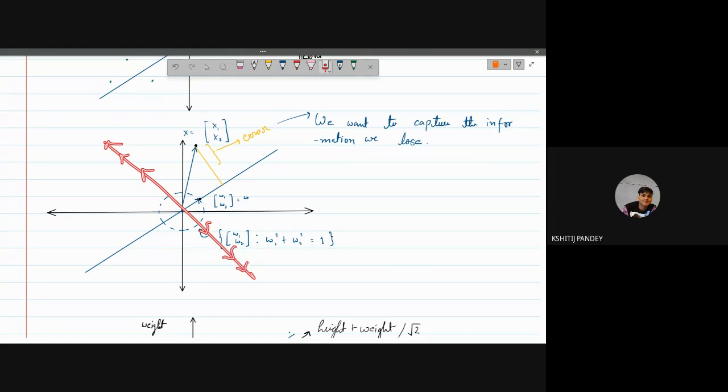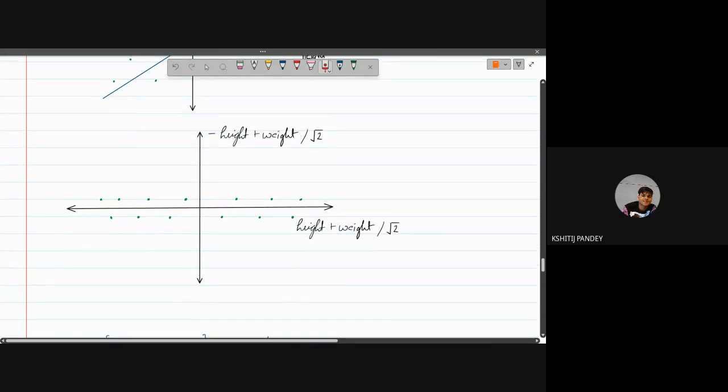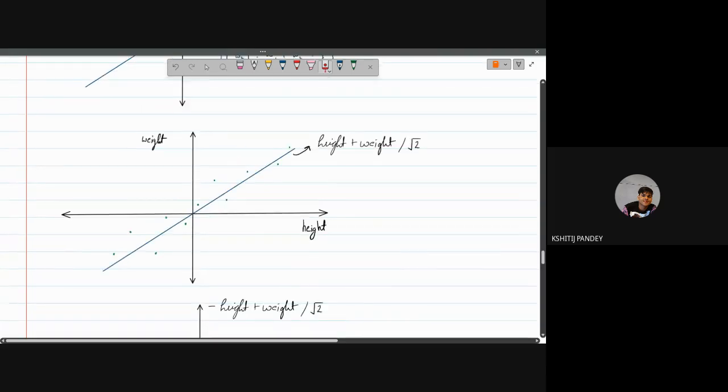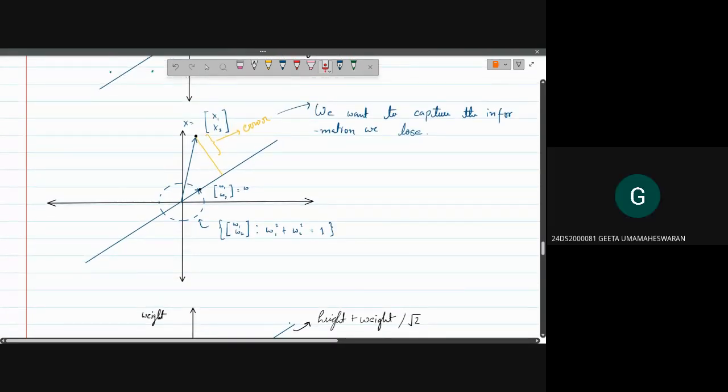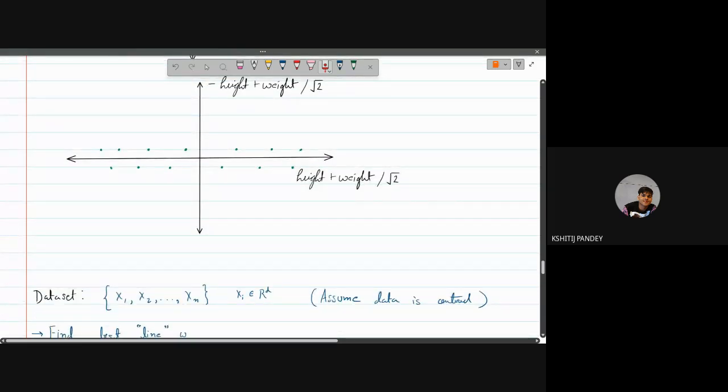I wanted to show you a different perspective of it. When we go to this coordinate system, all the points here are the error vectors.